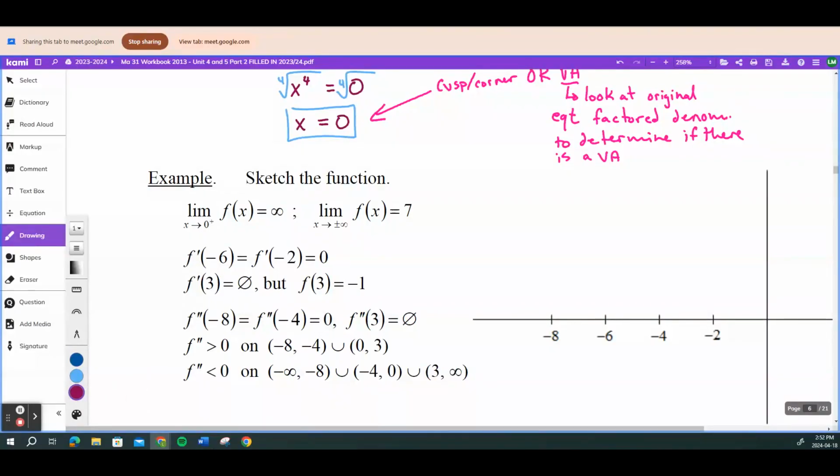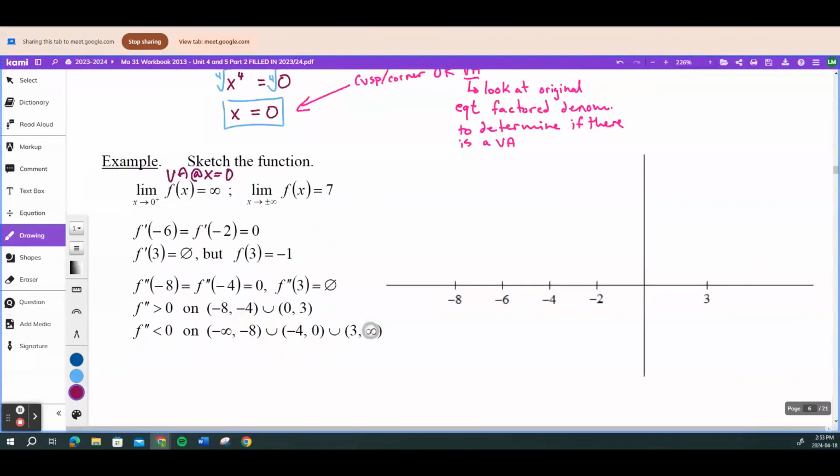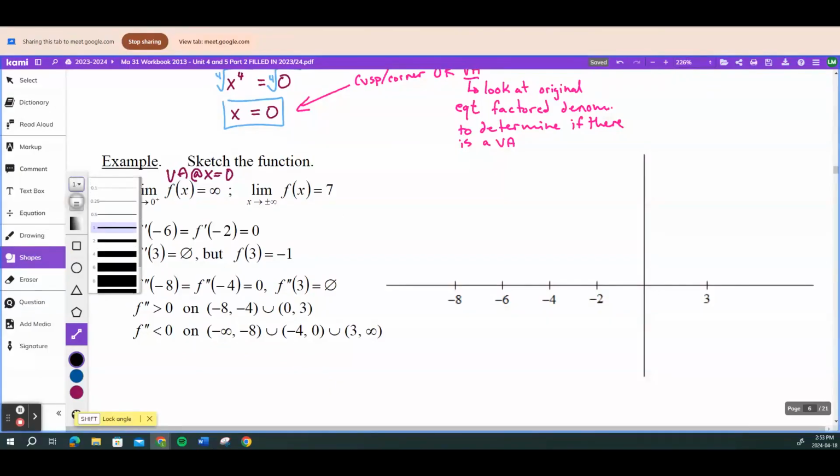Okay, so the limit as x approaches 0 from the right, our function is going to go to positive infinity, or our y values of the function are going to go to positive infinity. So what this means is that I have a vertical asymptote at x is equal to 0. So I'm going to write on my equation, and maybe I can change my line here.